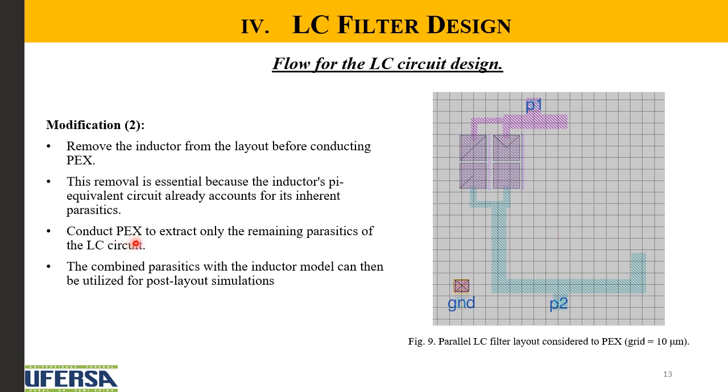So the PEX was performed just to extract the remaining parasitics of the circuit. Thus, the sum of the parasitics of the inductor, represented in its pi equivalent, plus the parasitic extraction of the layout, gives us the parasitics of the LC filter.